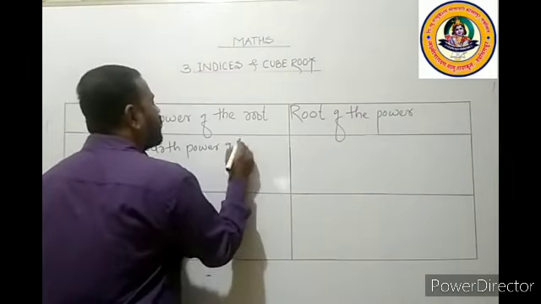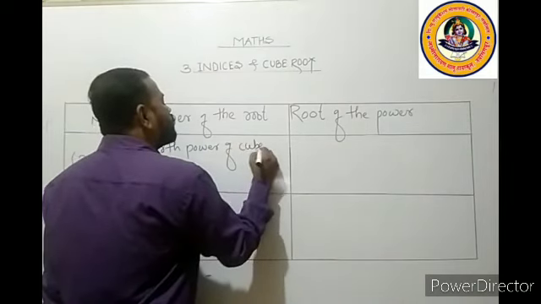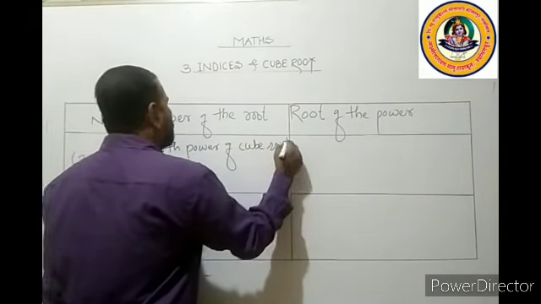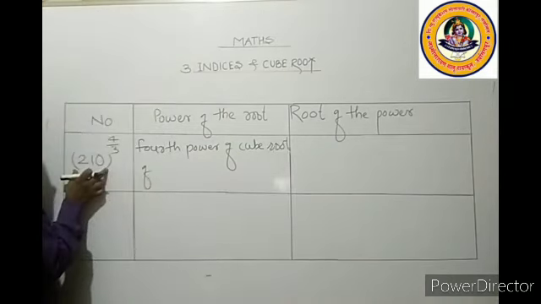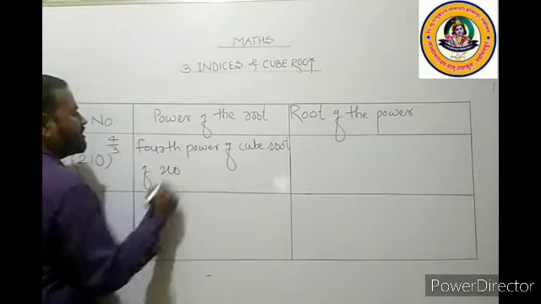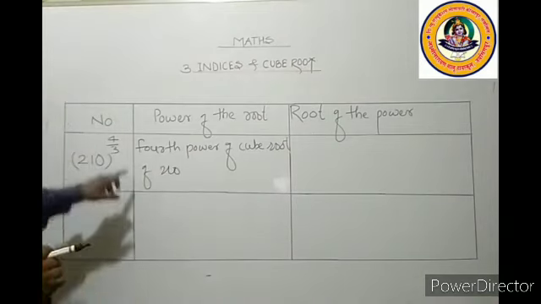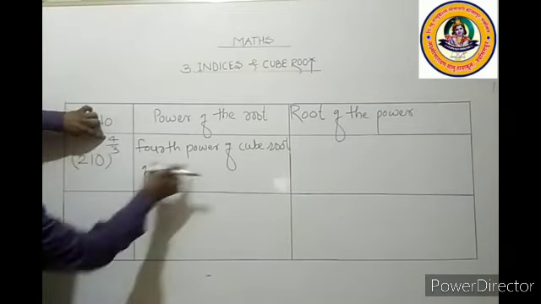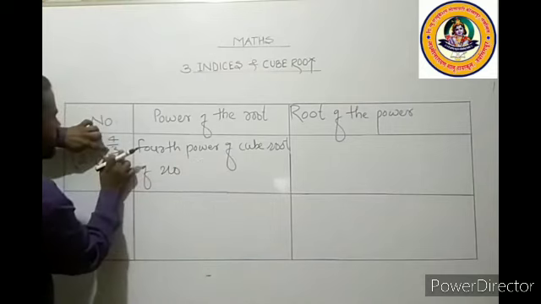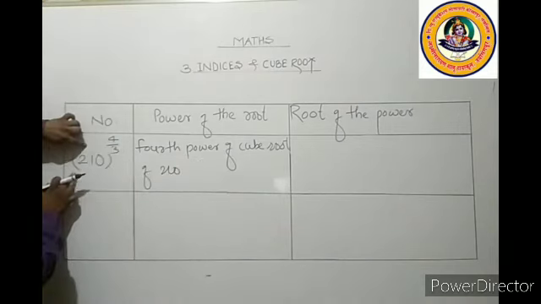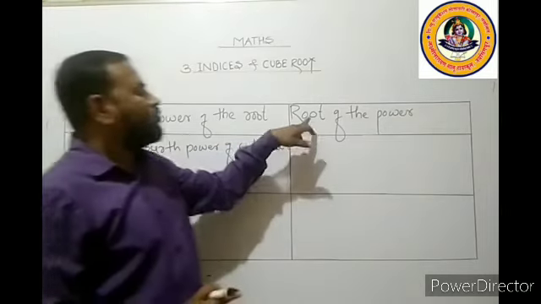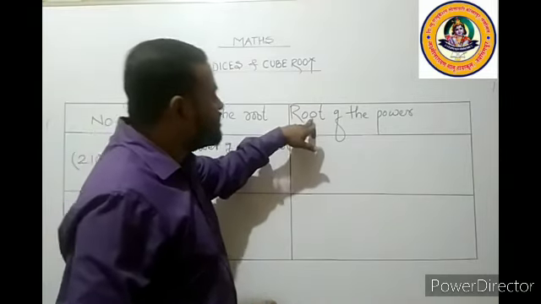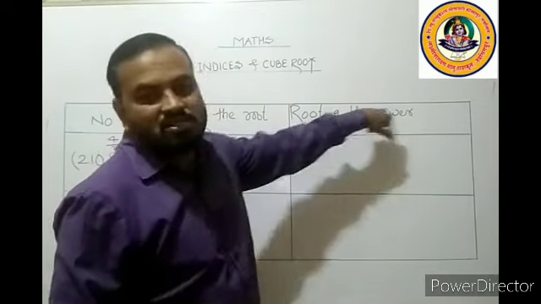So we read it as the 4th power of the cube root of the base, that is 210. By the second method, we read first the root and after that its power.